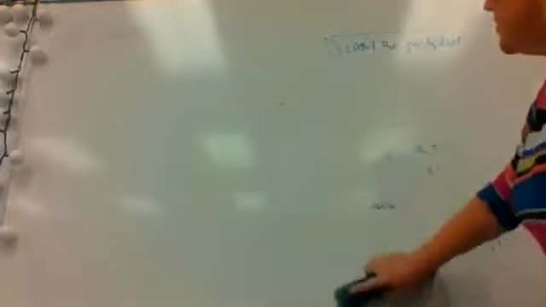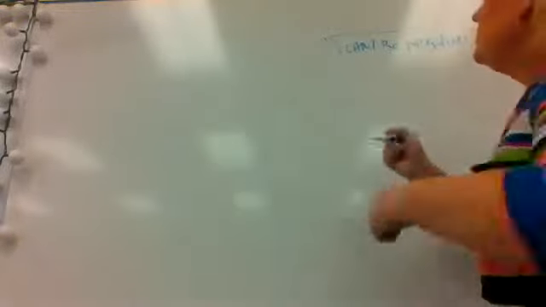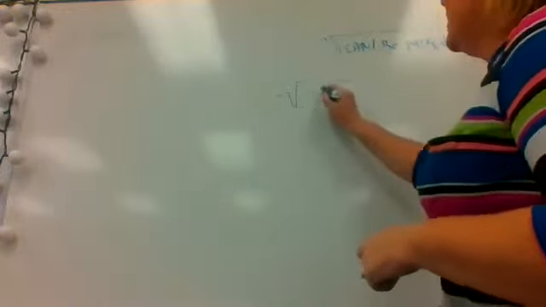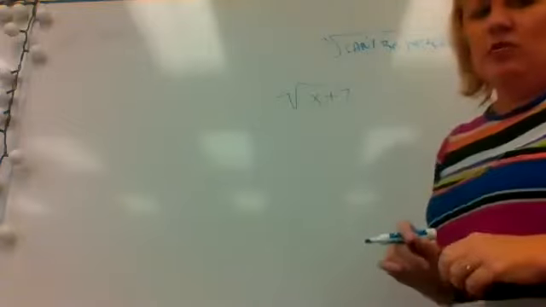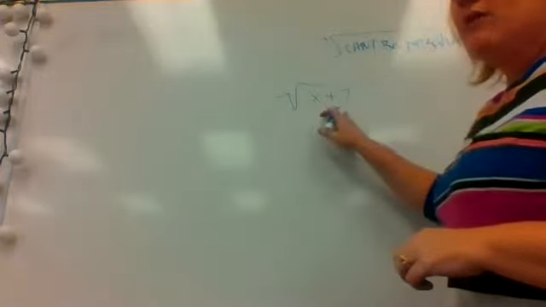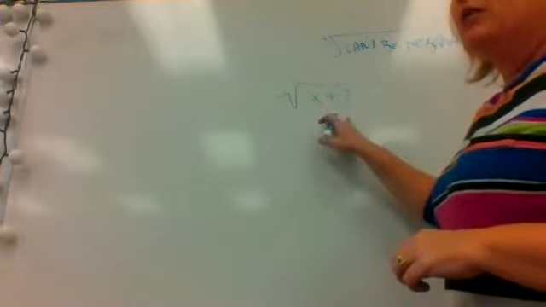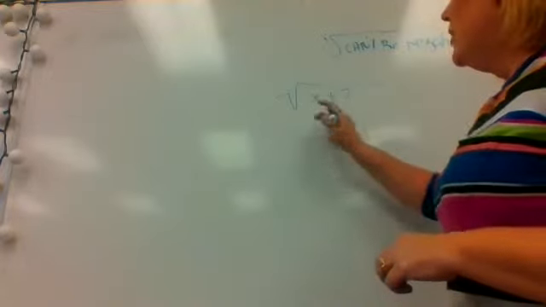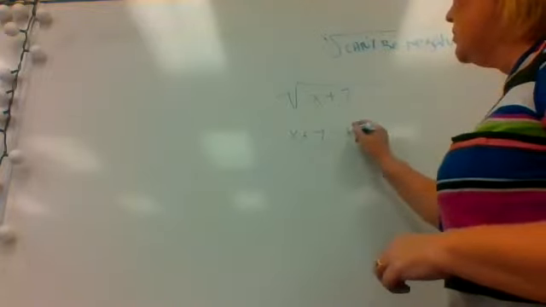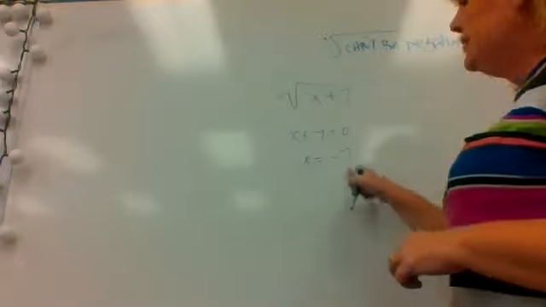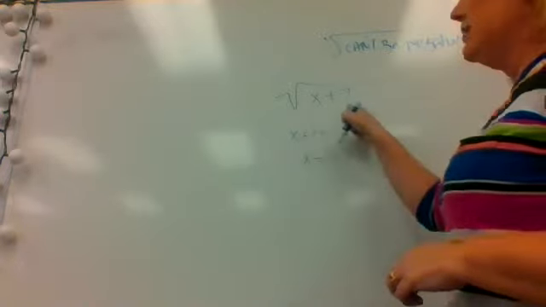We're talking about domain, and you can't have negatives under the radical. So if you were to have something like x plus 7 and you're trying to take the square root, it's okay for that value to be 0, but it's not okay for it to be negative. Well, you set that equal to 0, and you find out that -7 is the number that makes it 0.